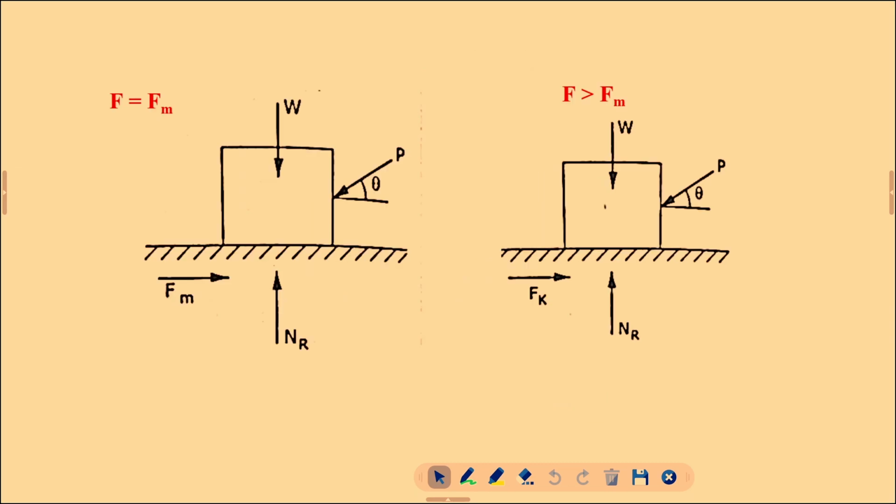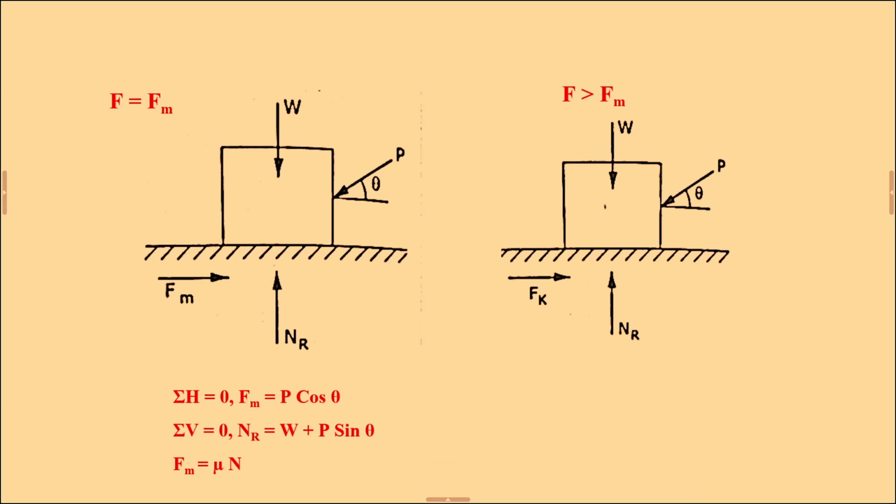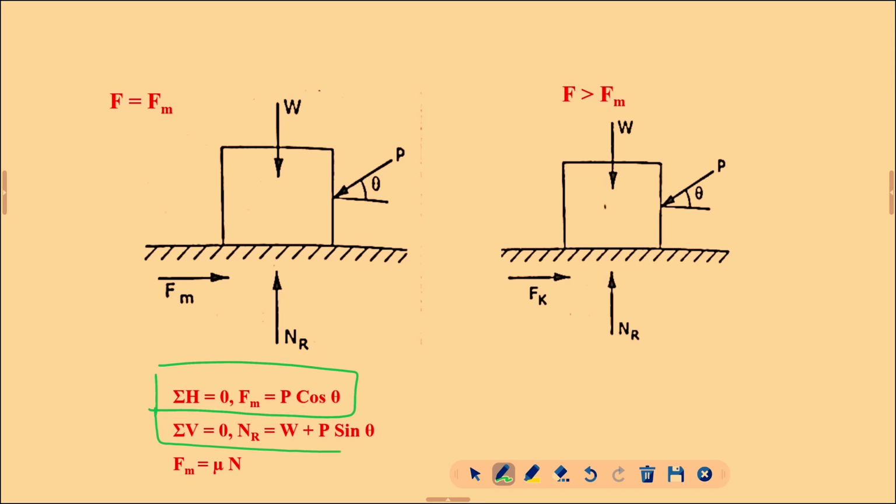And the third case: if F equal to Fm, that is friction equal to limiting friction, your object is again in static condition. So, again you need to apply summation of H equal to 0 and summation of V equal to 0. You will get limiting friction equal to P cos theta, and from summation of V, you will get NR equal to W plus P sin theta.